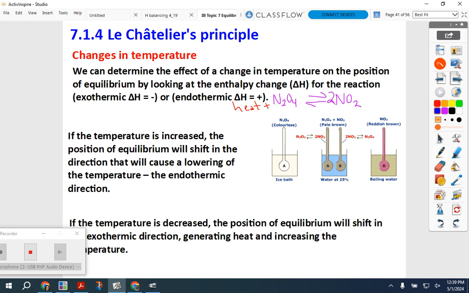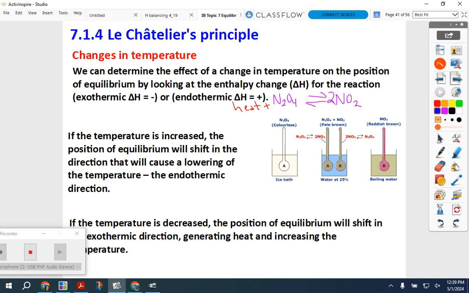If I lower the temperature of the system, it's going to drive back the other direction because it wants to generate heat to counteract that loss of heat. Okay? Obviously, it's the opposite if it's on the exothermic side. So if the heat is being produced by the reaction, then increasing the temperature is going to drive us back towards the reactants. Decreasing the temperature is going to drive it forwards.